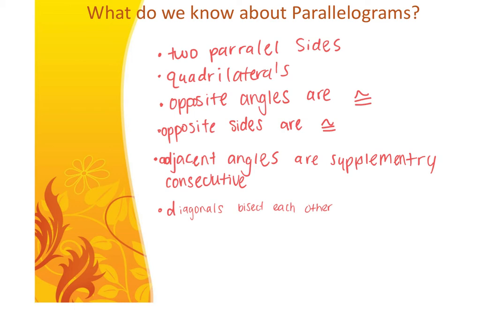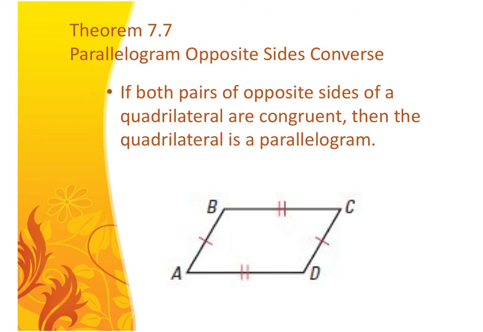You can check. Okay. Now, all of these things, only some of them are enough to prove the reverse. And today, that's what we're going to see. We're going to see which of these properties, if we have it in our quadrilateral, will prove that it's a parallelogram. So, the first one states the opposite sides converse.